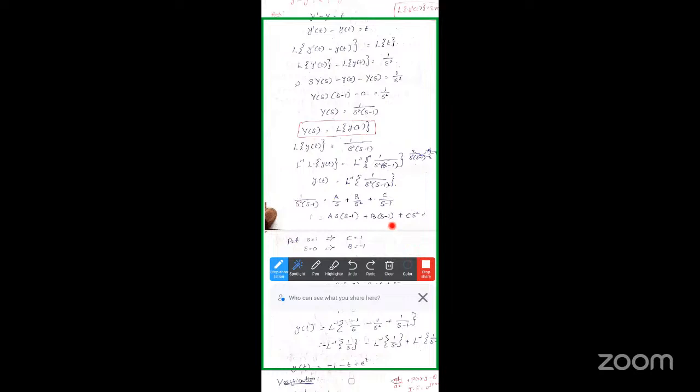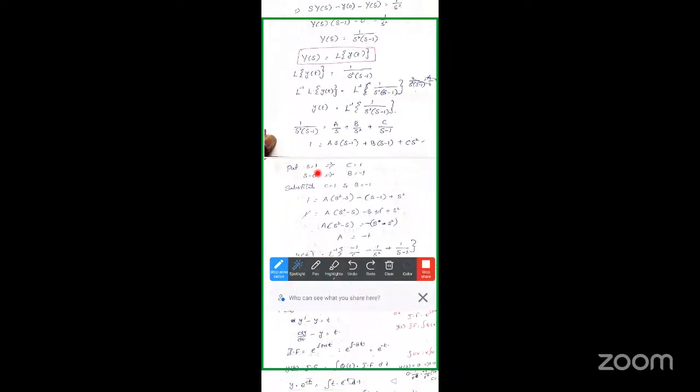So put s is equals to 0, s is equals to 1, and we are getting B and C values directly. Put s is equals to 1, so we are getting C is equals to 1. Next, in the same equation, put s is equals to 0, so we are getting B is equals to minus 1.